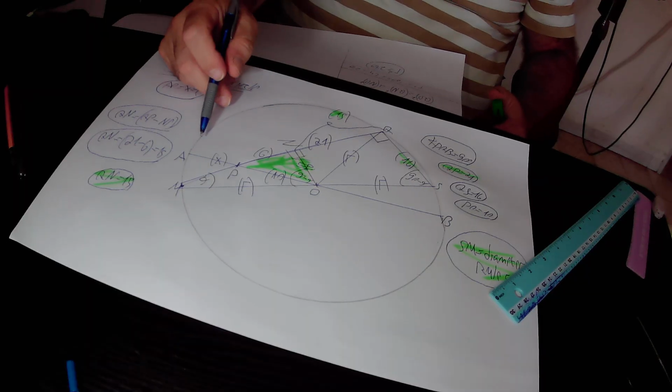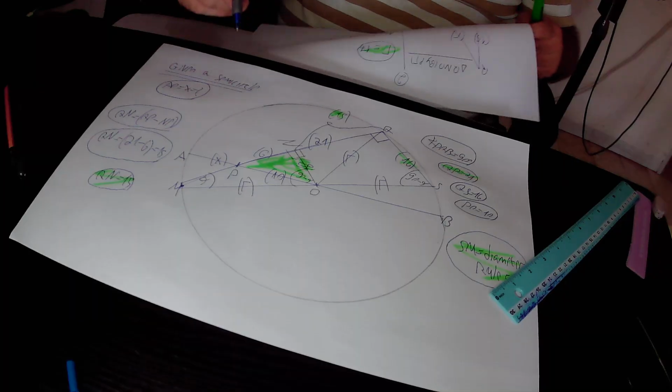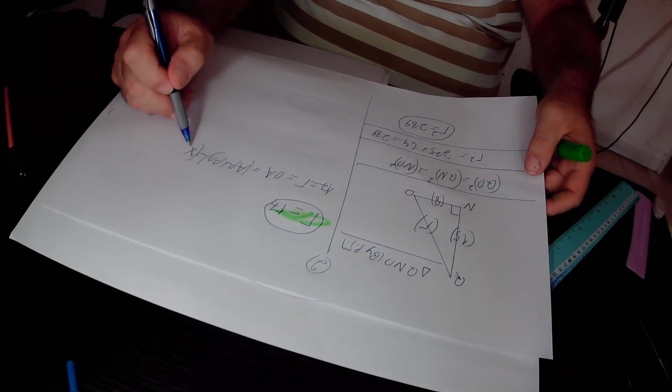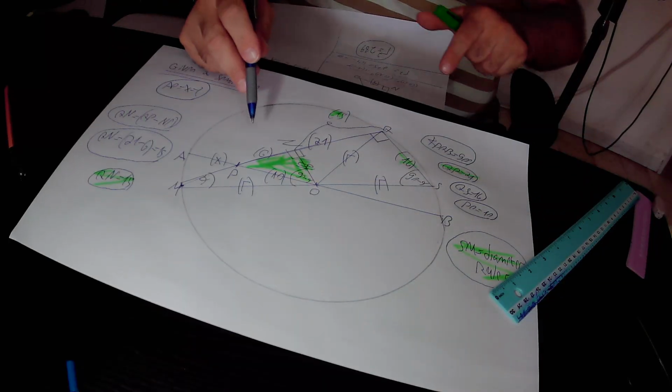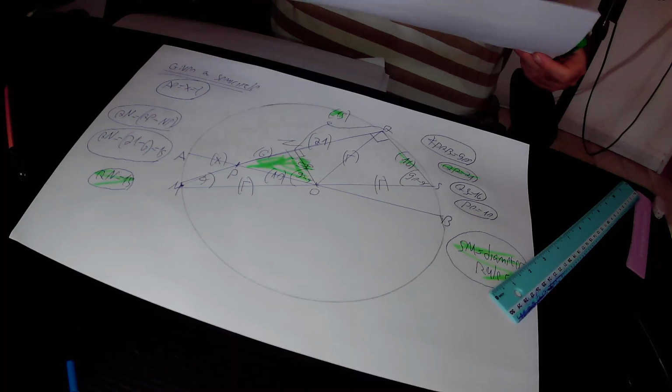AP is the line segment that we are looking for in this question. AP equals X, plus PO. PO equals 10 units in length according to what is given in the question.